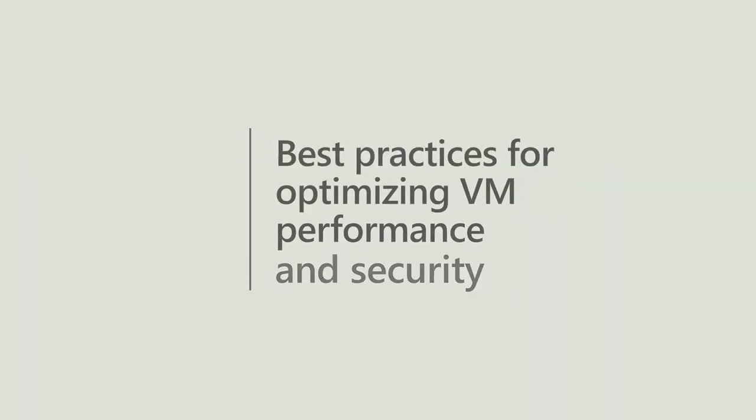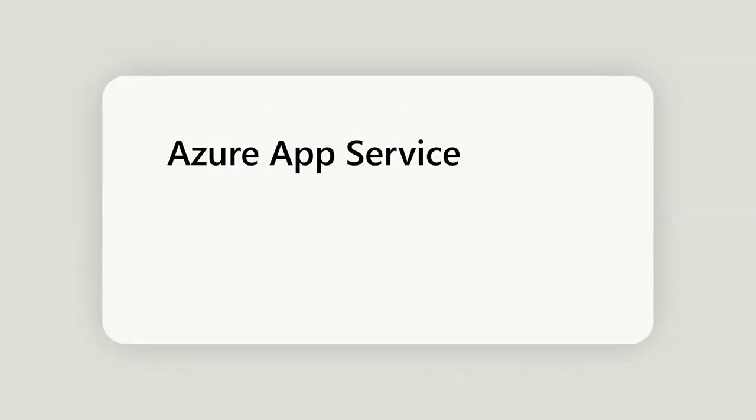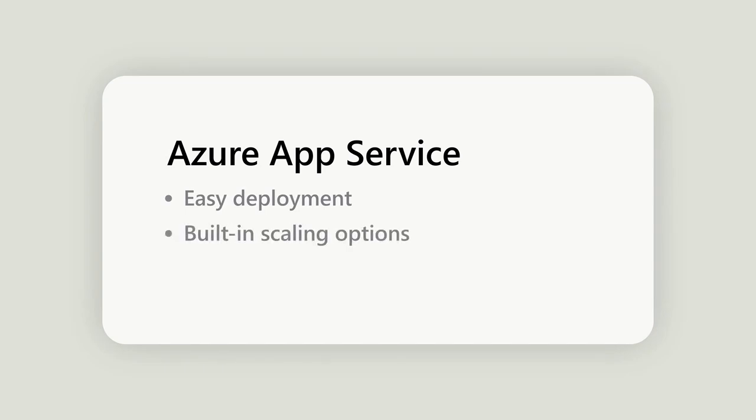Next, you explored the best practices for optimizing VM performance and security. Remember, using Azure Monitor, keeping VMs updated, and employing Azure Security Center are essential steps in maintaining a secure and efficient environment. You then covered Azure App Service, exploring its key features and benefits, which include easy deployment, built-in scaling options, and integrated DevOps capabilities.